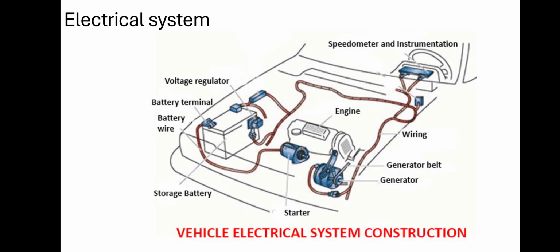Even when you want to start the engine, the starter motor uses the voltage from the battery, this 12-volt battery. But when the engine is on and started, we are using the voltage and amperage of the generator.